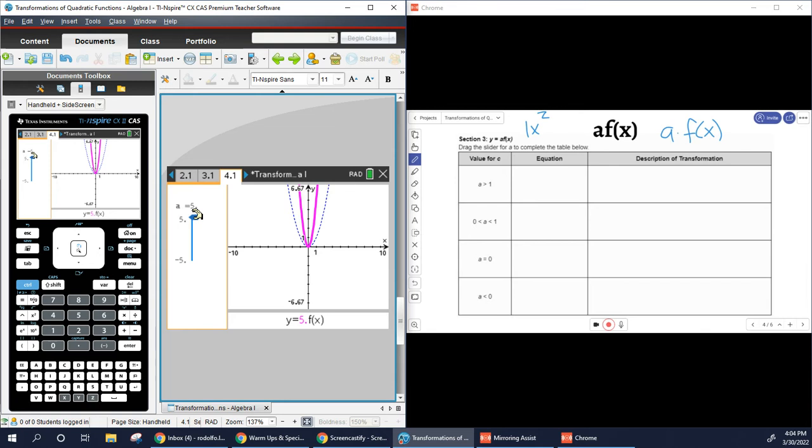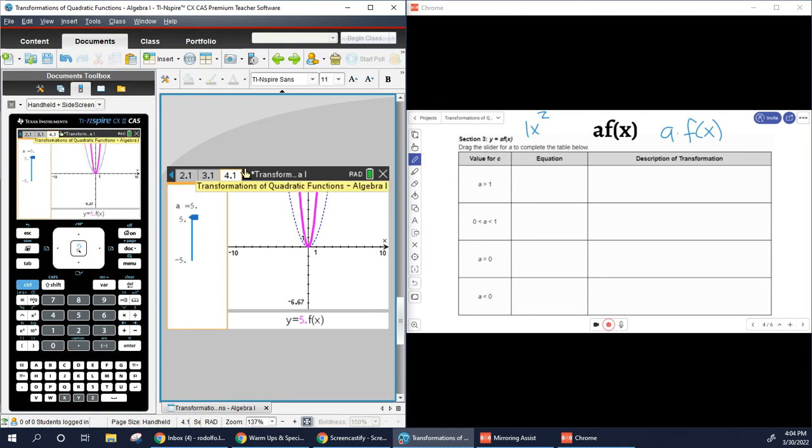So whenever you multiply by a number bigger than 1, it increases. So it gets narrower. And if you think about it, multiply anything times 2. Multiply your age times 2. What happens to your age? It goes up, right? What happens when you multiply your age times 5, like in this scenario? It also goes up. So these numbers are going to be stretched higher vertically.